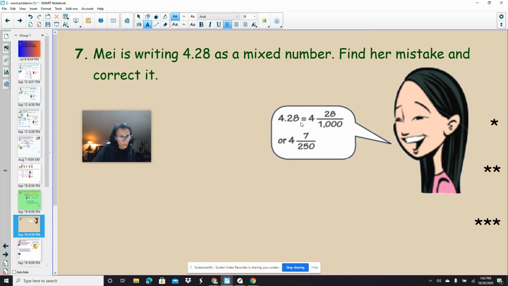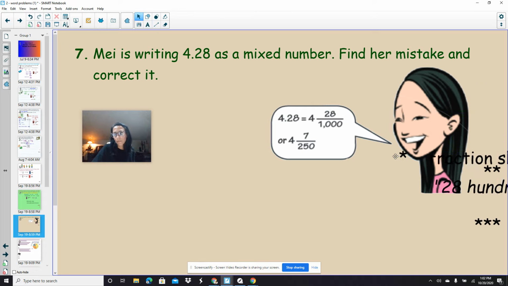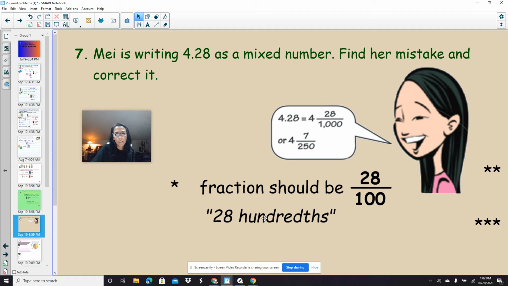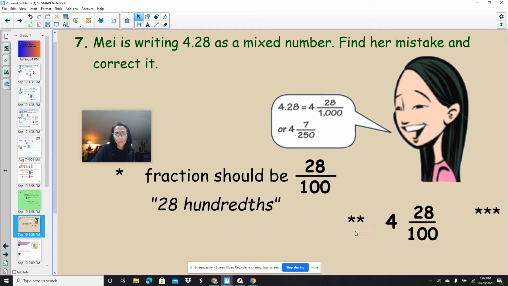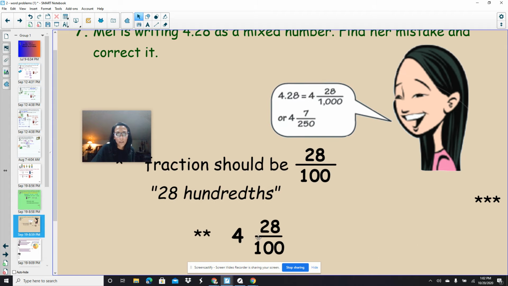Tenths, hundredths, not thousands. Okay, so this is 28 hundredths, not thousandths. So this should be 4 and 28 over 100.